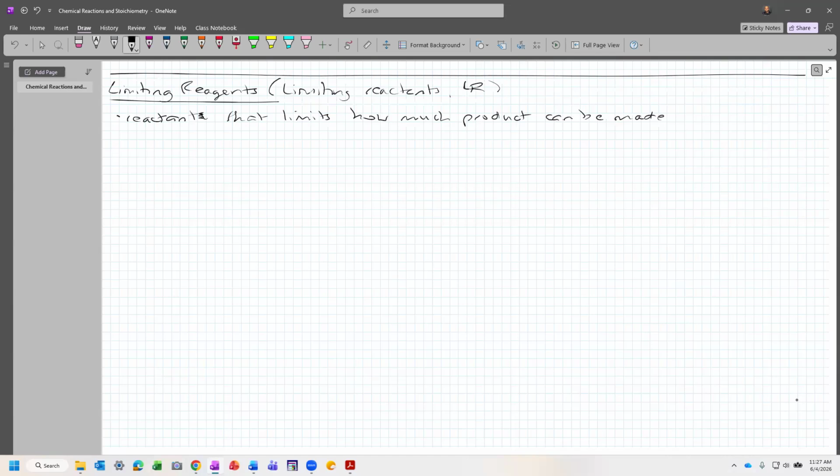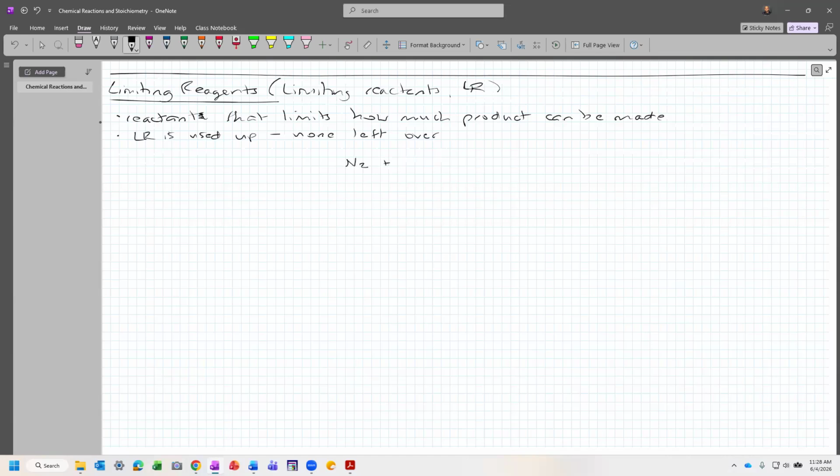And the other characteristic of a limiting reactant is that the LR, the limiting reactant, is used up in the reaction. So in other words, there's none left over at the end. And once it's used up, the reaction stops. Okay, because once it's used up, it limits or puts a cap on how much product can be made.